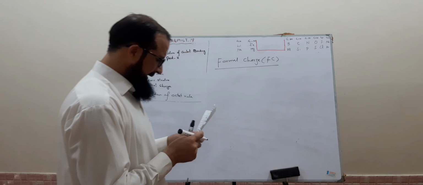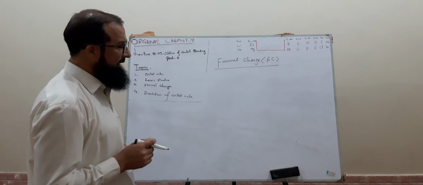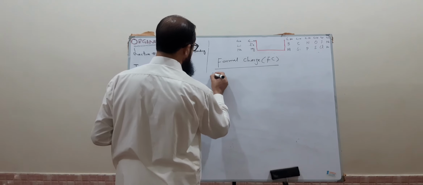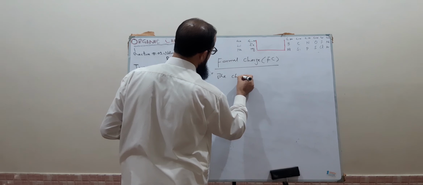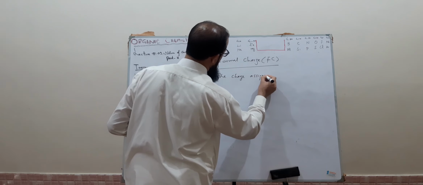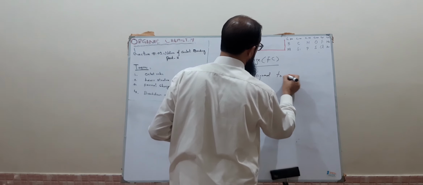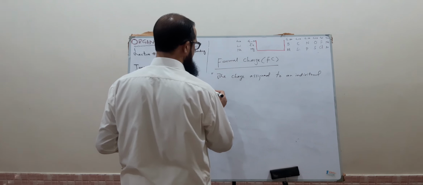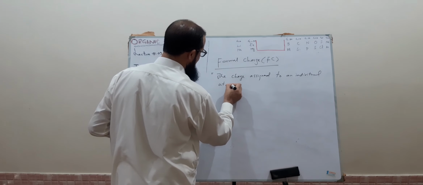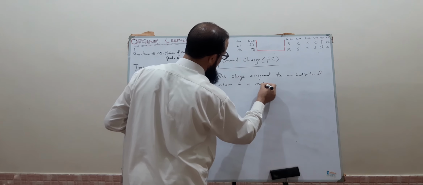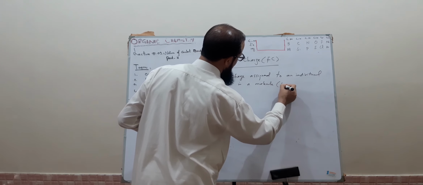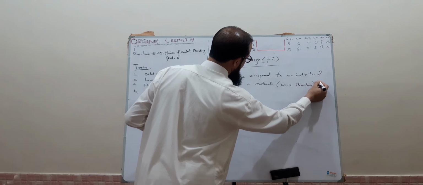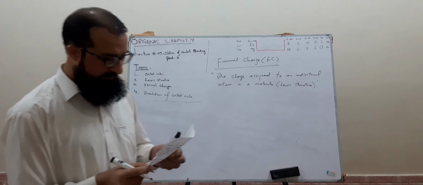So formal charge is actually the charge assigned to an individual atom in a molecule, or we can say in a Lewis structure. So this is the definition of the formal charge.